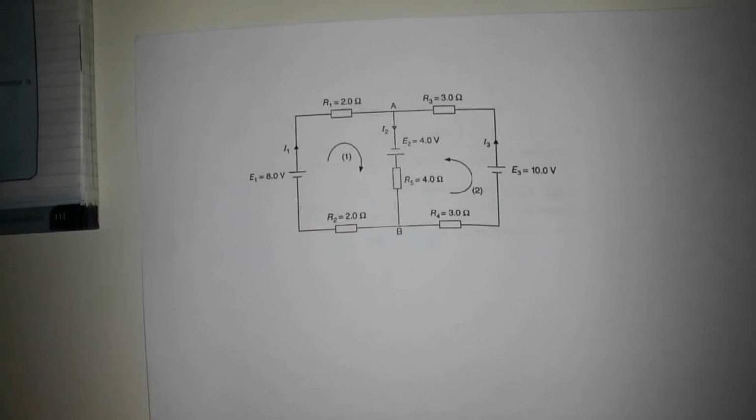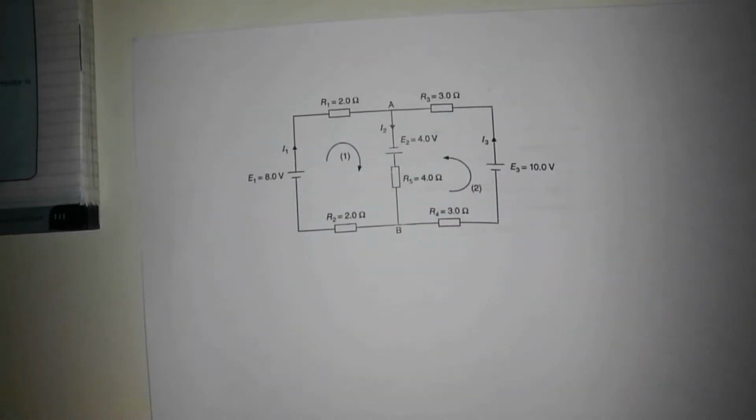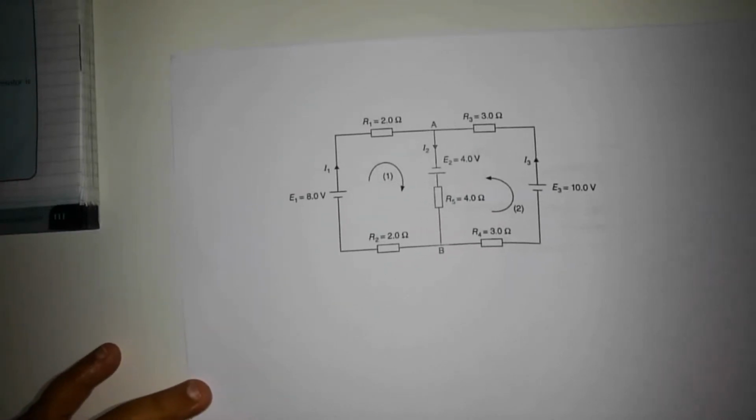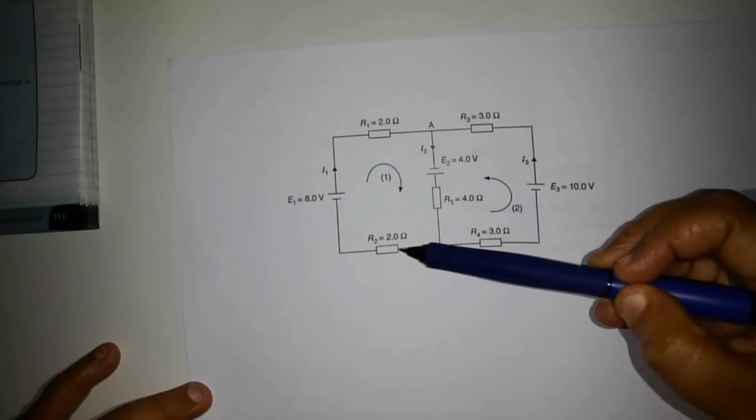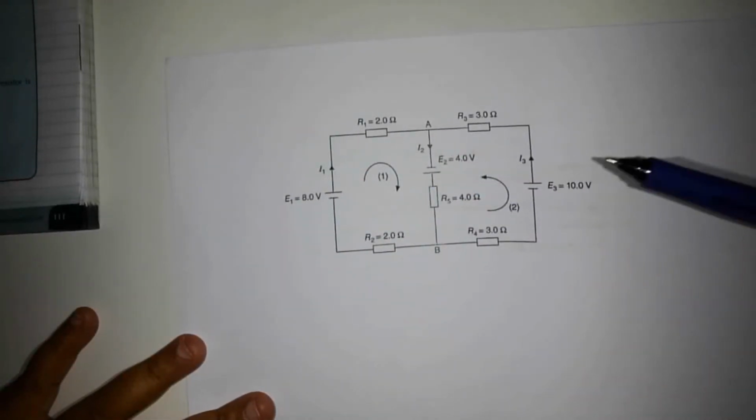Example class, it's example 15.6, page 110 from the Oxford Fajar reference book. In this circuit, it says that a circuit consists of 5 resistors and 3 cells. So we have 5 resistors, 1, 2, 3, 4, 5, and we have 3 cells, 1, 2, 3.